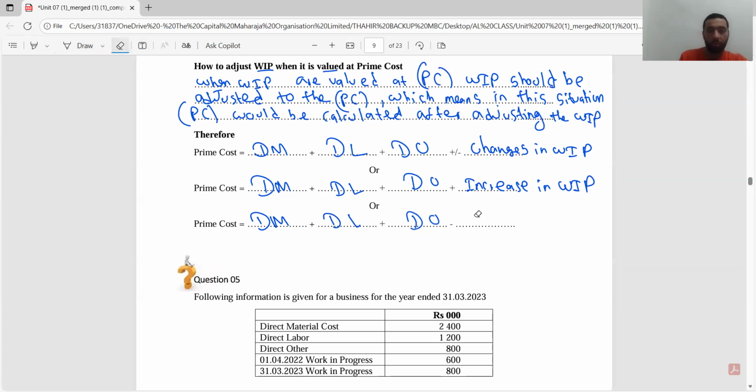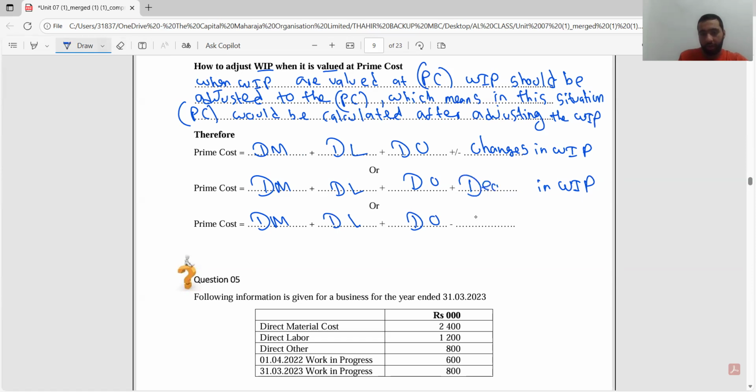Sorry, make sure to erase this. Decrease. I will let you all know, okay? Once we do questions, decrease here. You minus increase in WIP. I quickly take this down so that we can move on to the next question.